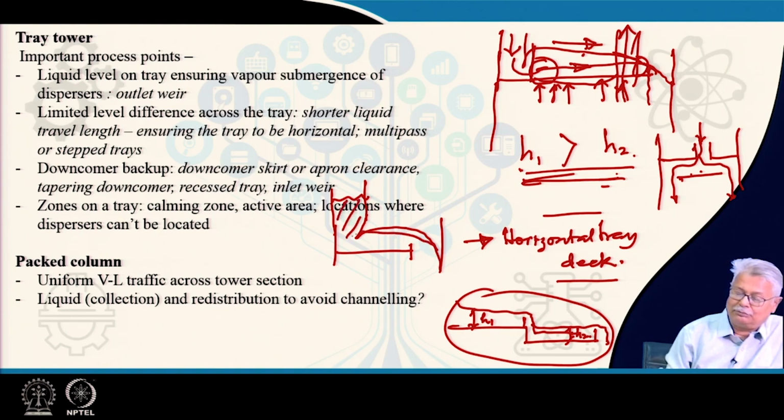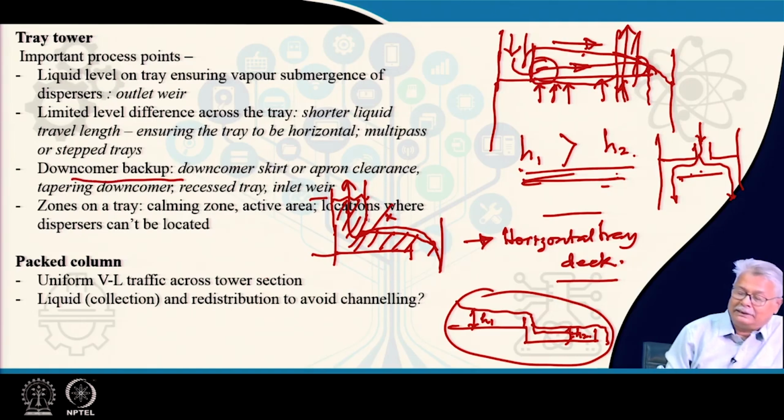Run full in the sense there has to be liquid in this. If there is no liquid, what would happen is the gas here would simply go up. It will short circuit and it will go above the upper tray without any contacting on this particular upper tray itself. So, you will be losing your number of effective trays in your tower. So, you must have definitely a minimum downcomer backup, which I have mentioned here.